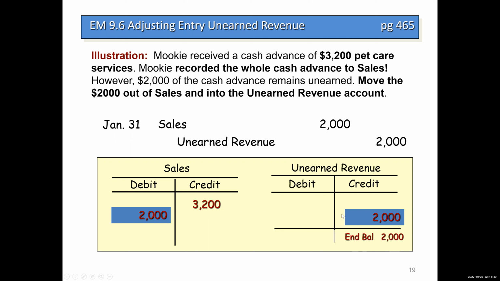And also our sales will be correct, because Mookie did put in 3,200, but then backed out the part that's unearned. So then this $1,200 balance, that's what was earned. So we're all good. It's just a wacky way of doing it, right? All right, very good.